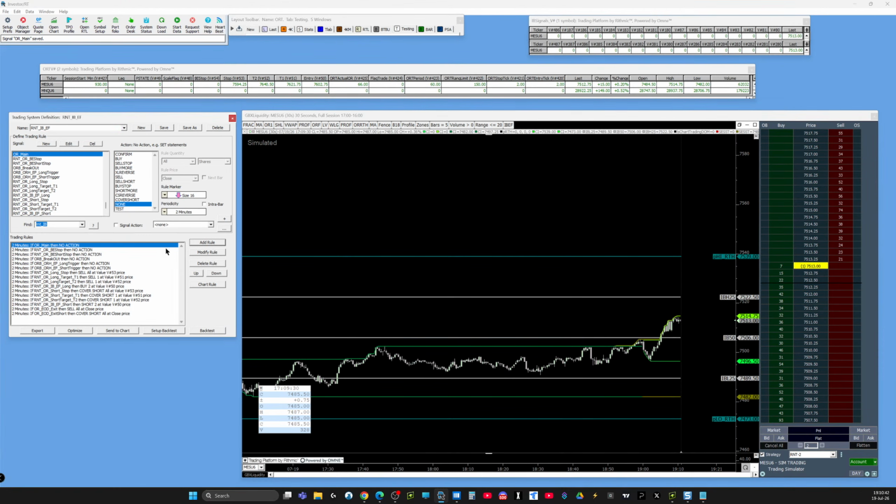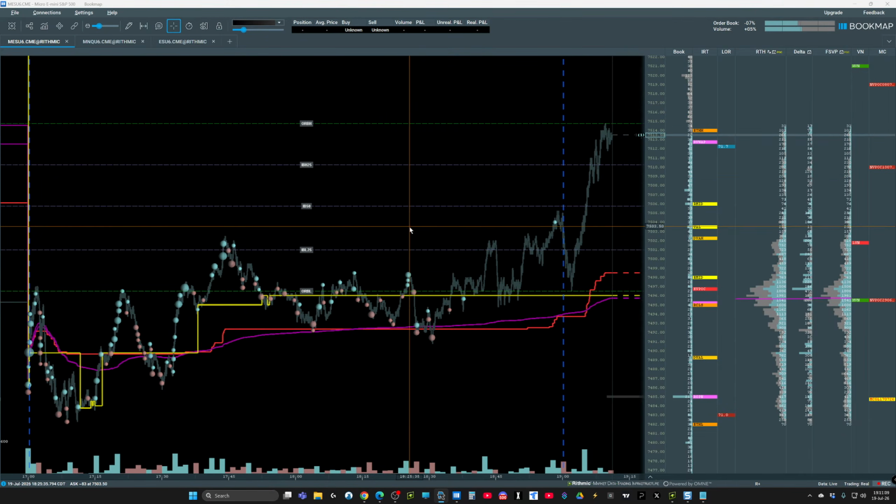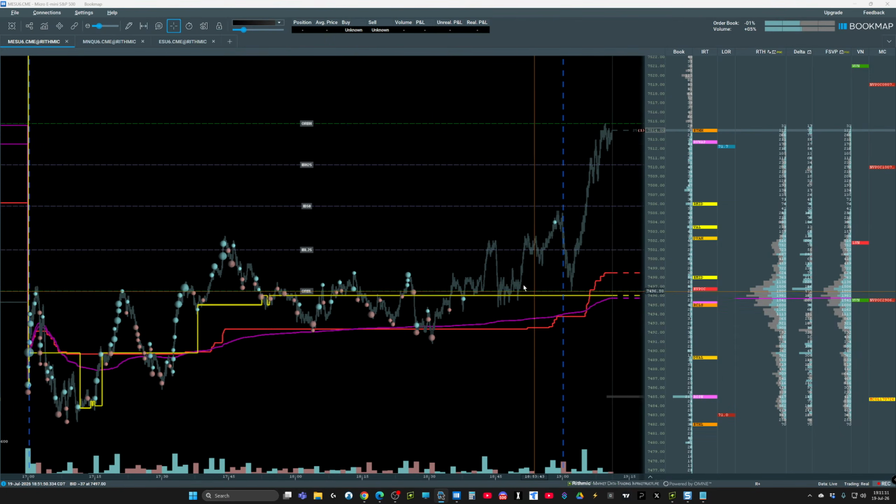Now, that will... there you are. These levels, the high and the low, and these zones right here, which are just 25% of the range, will be pushed to Bookmap. And they just got pushed over there now, right here. There's the high, there's the low, and there's the zone. Isn't that cute? All right, so that's how that works.